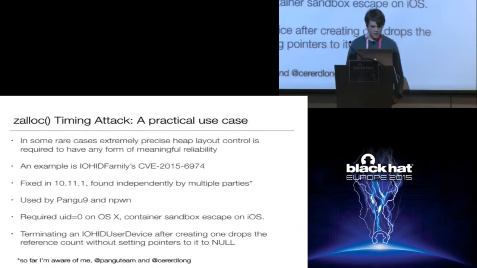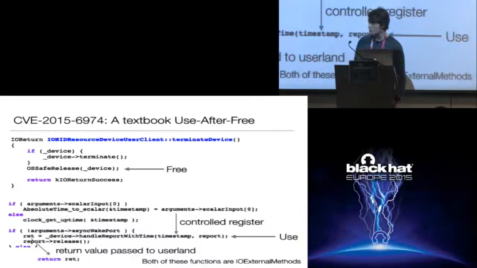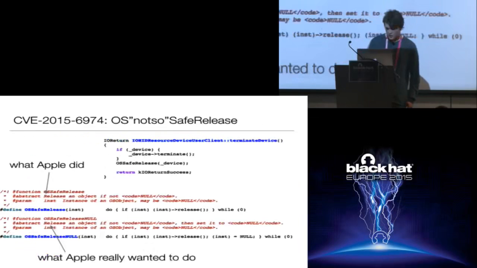On macOS 10, it required root to achieve the exploit, but on iOS, you only actually needed a sandbox escape. Essentially, the bug was a textbook use after free. You would create a device and then you would terminate it, but after you terminated this device, you can just keep carrying on operations on it. This will cause a use after free.